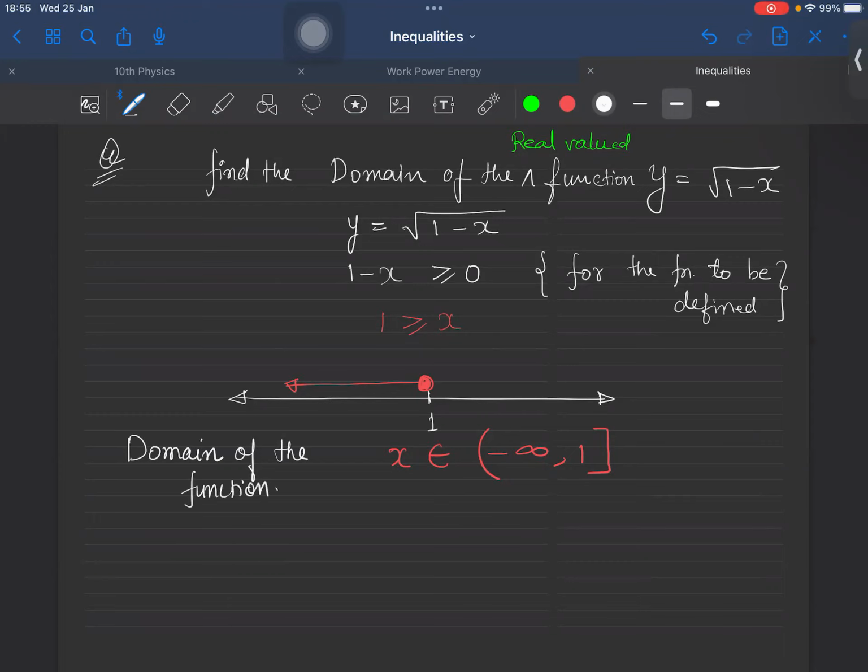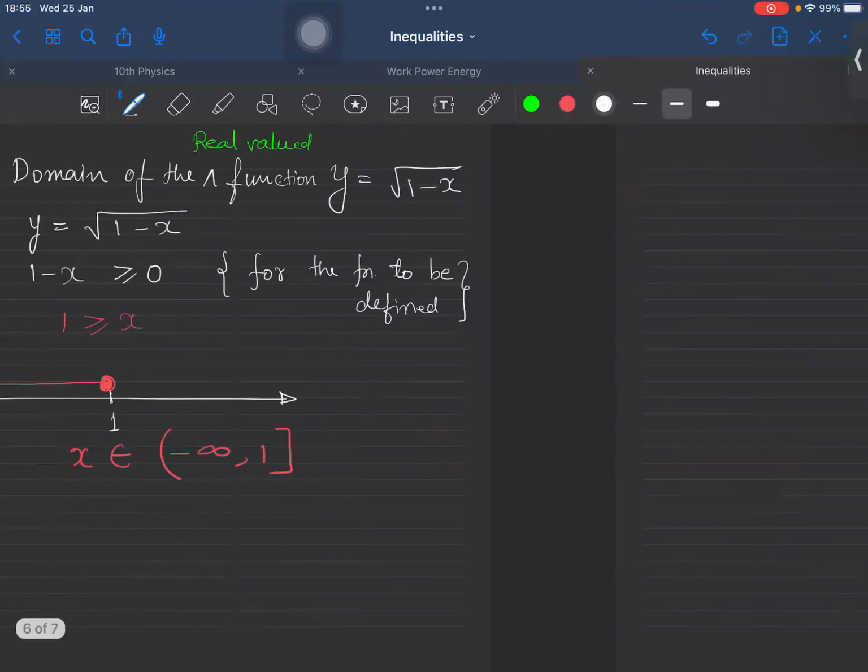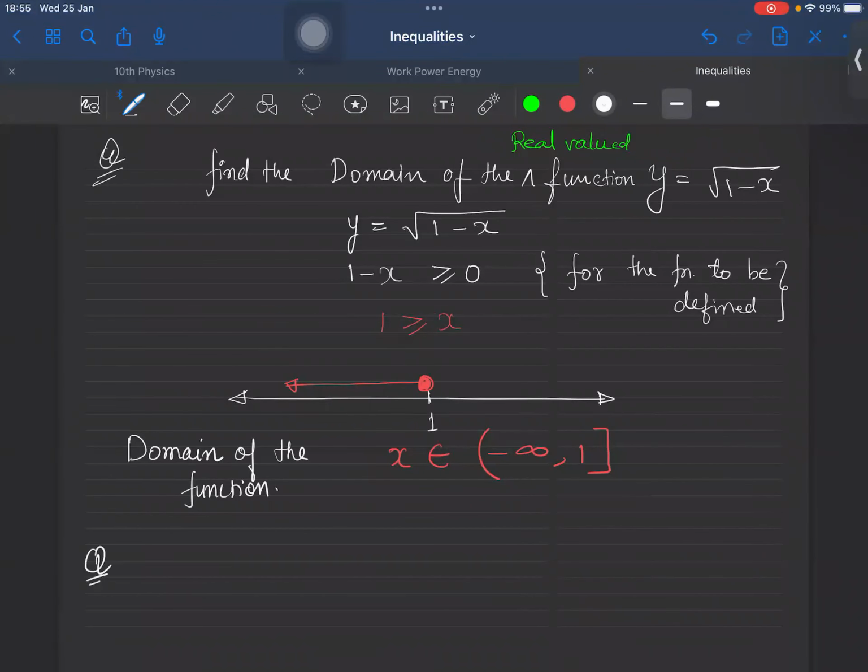Now similarly try to find the domain of this function. y is equal to 1 upon square root of 1 minus x. Find the domain of this function. Sir, x is an element of minus infinity to 1 with open brackets.